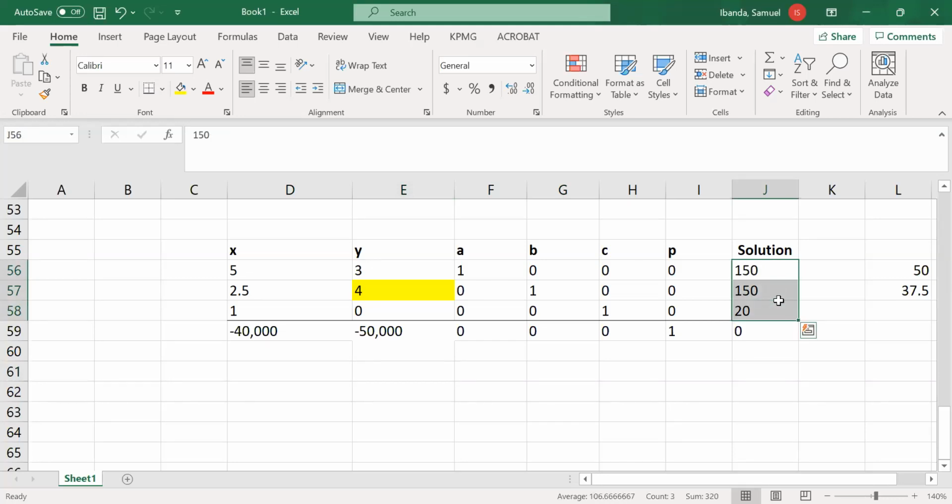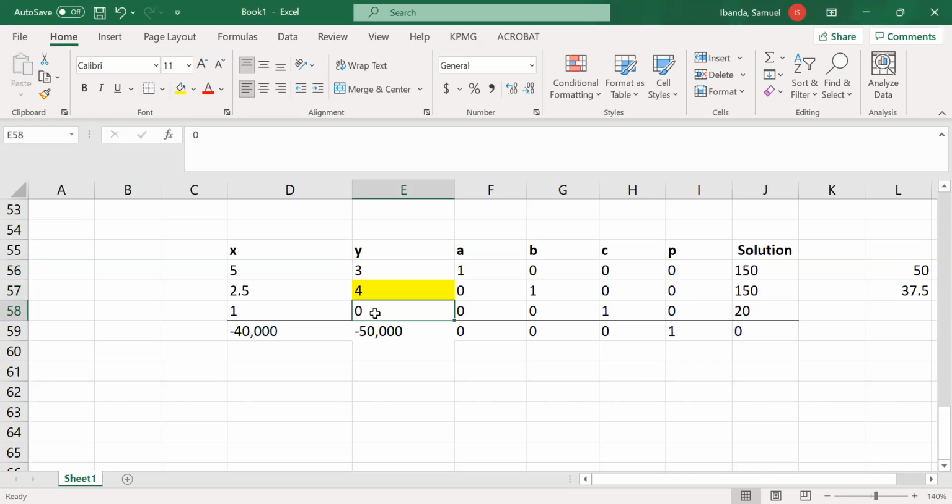Once we have determined that it's the 4 that gives us the lower figure, our aim is to strive to make this 4 a 1. We also have to make sure that whatever is above it will be 0, and whatever is below it will also be 0.